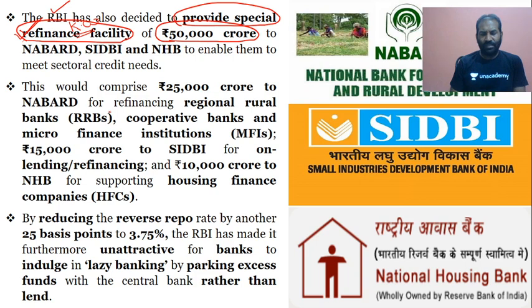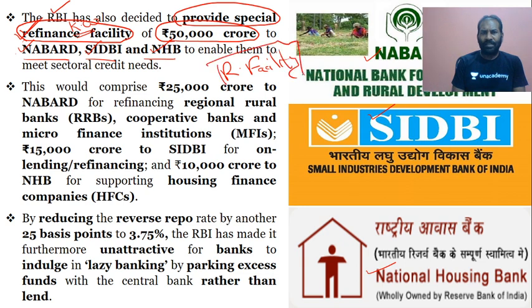When it is refinancing, it is refinancing to NABARD, SIDBI and the National Housing Bank, in different proportions out of the 50,000. So these three are very important again for prelims and mains, while you are writing an answer on the point called refinance facility.